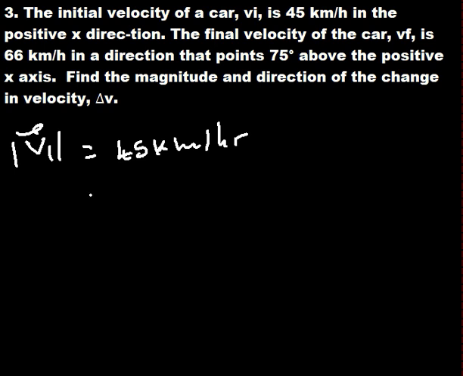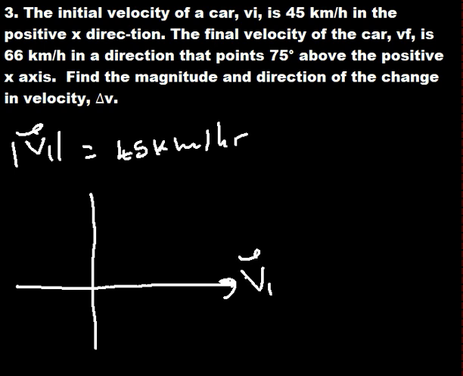If we present this on the Cartesian plane, the direction is along the x-axis, in the positive direction. So that is v1, having a magnitude of 45 kilometers per hour, in that way.